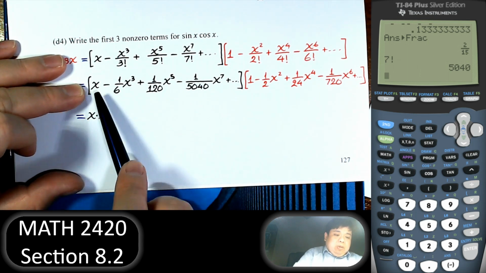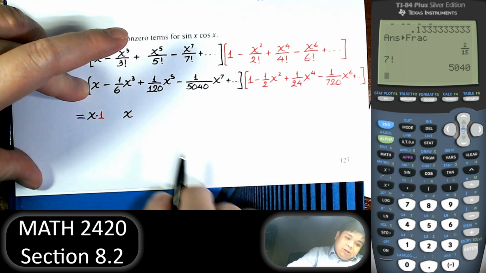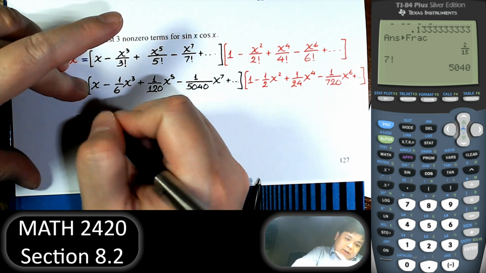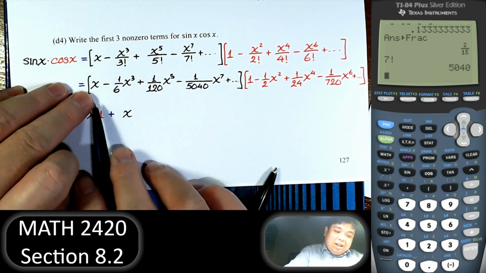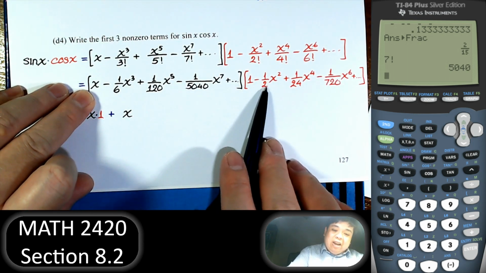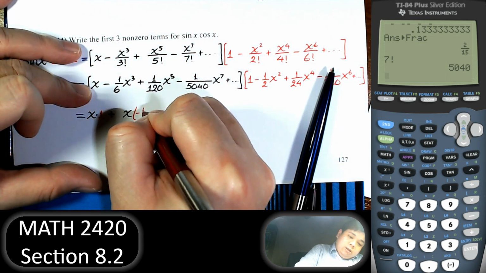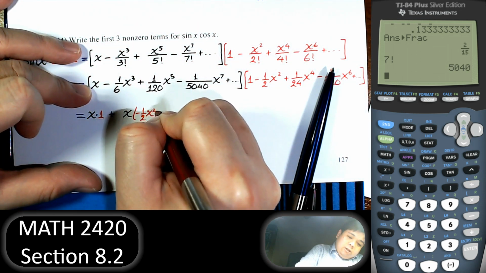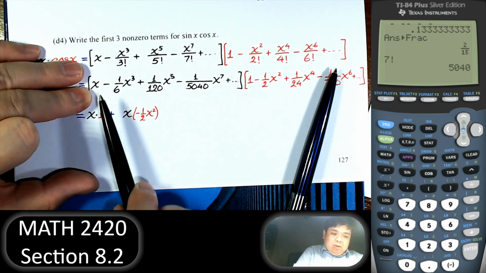Now if we start with x, how do we get to x cubed? To get to x cubed, we can take this x and multiply by negative 1/2 x squared, because x times x squared is x cubed. That gives us an x cubed. Right. So that term is good.